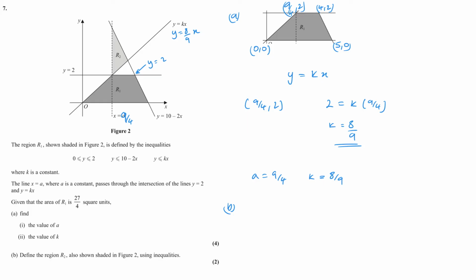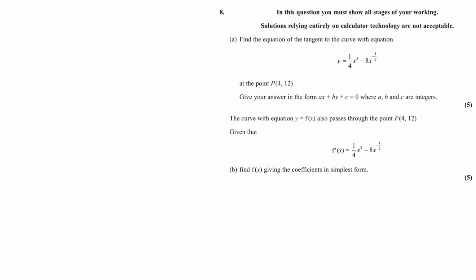So y is less than or equal to 10 minus 2x. x is greater than, now it's a dashed line, so it's not equals, it's greater than 9 over 4, and y is greater than or equal to 8 over 9 x. Okay, because it's above this line, it's below this line, and it's above this line. Okay, question 8.